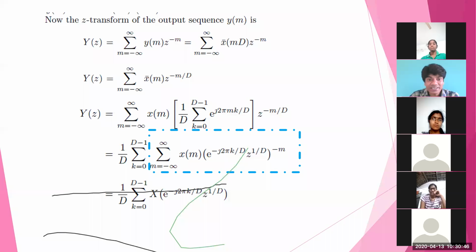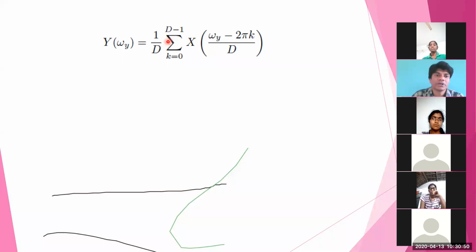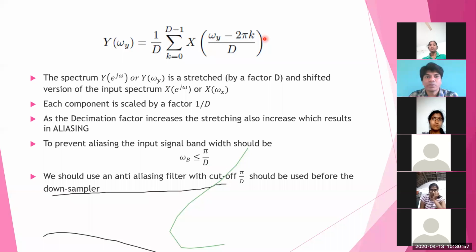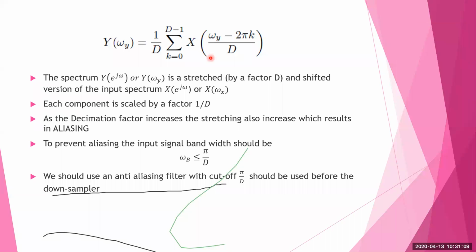As you can see, I'll just walk you through the most important point here. This particular expression is the important one. It tells us the relationship between the spectrum of the input and the spectrum of the output, how these two things are related.